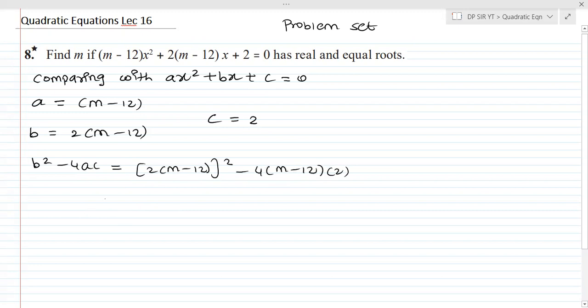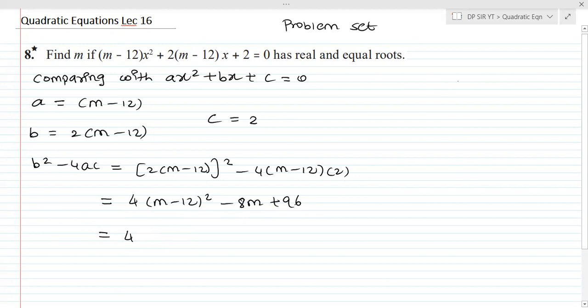Okay, here it's going to be 2 square is 4, and here it's going to be m minus 12 the whole square minus 8m plus 96, which is equal to 4m square... wait a minute.